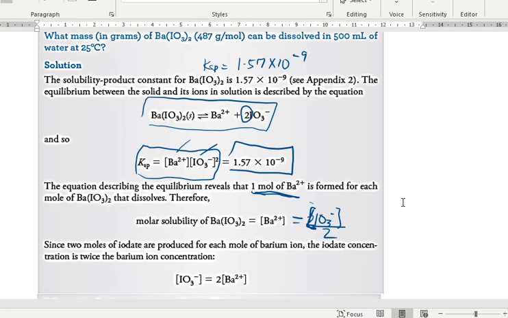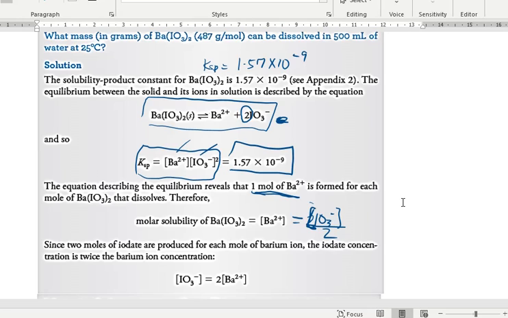Do you understand, class? For every 1 mole of barium iodate that dissolves, it produces one barium and two iodate ions. It's from this balanced equation, which means the solubility of barium iodate is equal to the concentration of barium 2+, or this is also equal to the concentration of IO3 over 2.